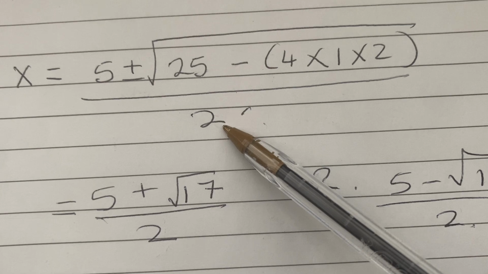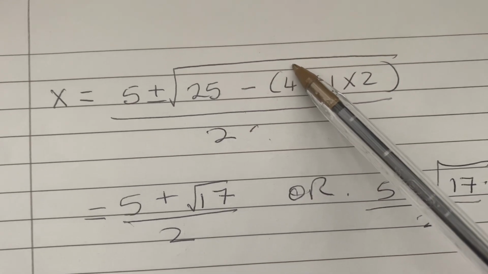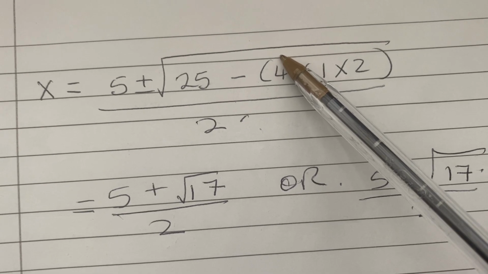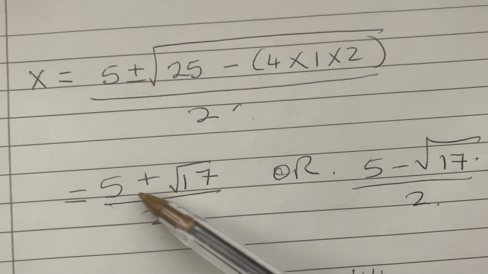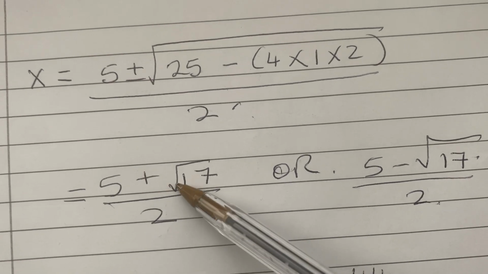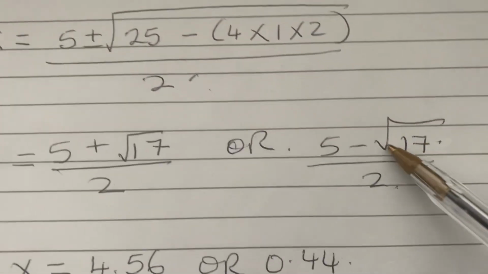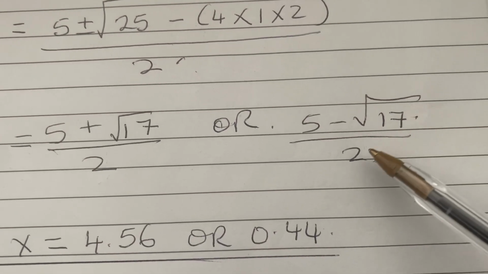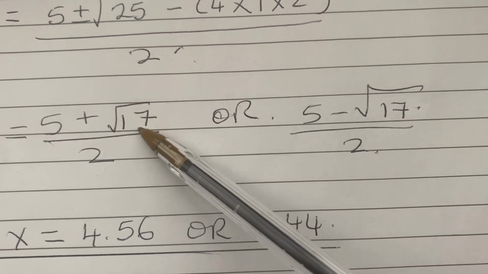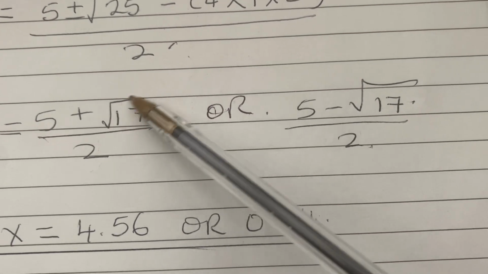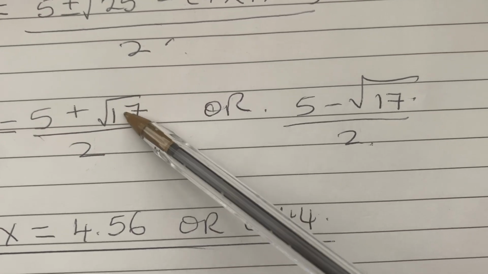If you've watched our videos from the beginning, by now you should be confident answering these questions. So you get two values of x: 5 plus root of 17 all over 2, or 5 minus root of 17 all over 2. Assuming this 17 is 16, then that will be root 4. So estimate 4.